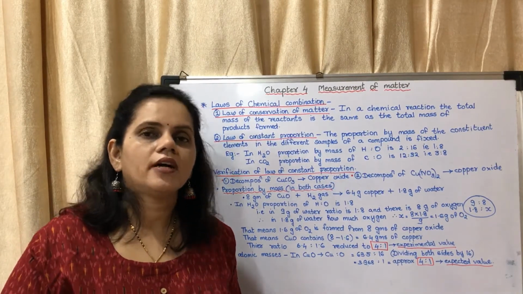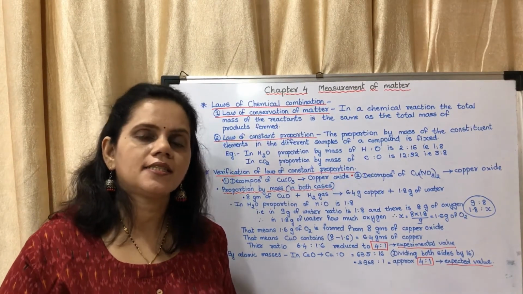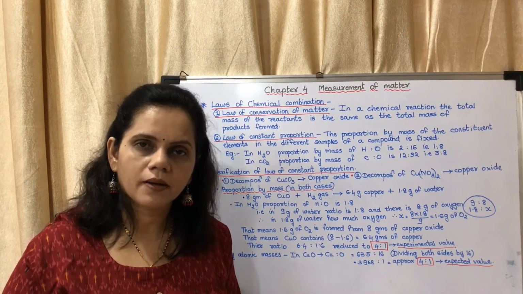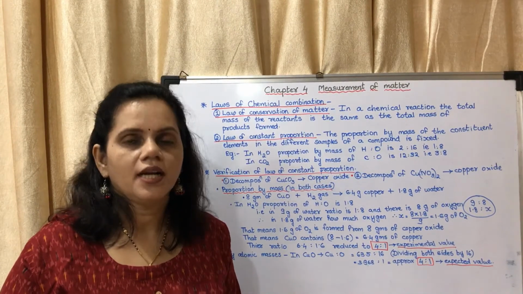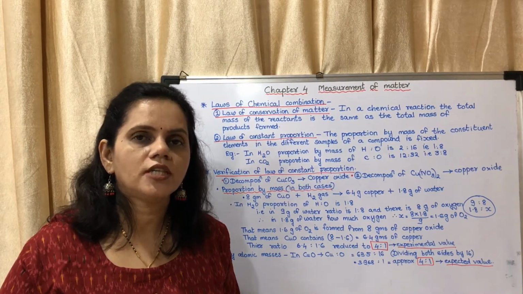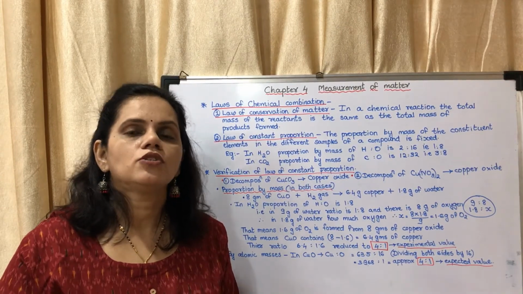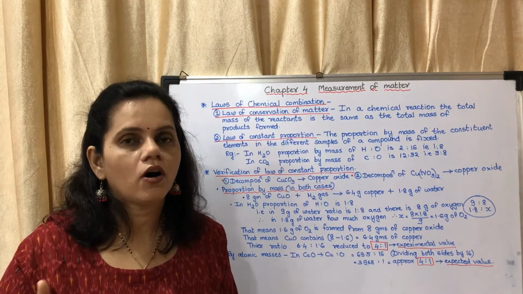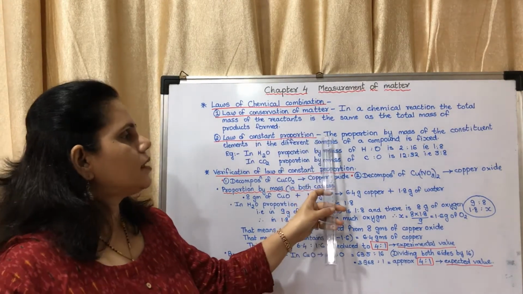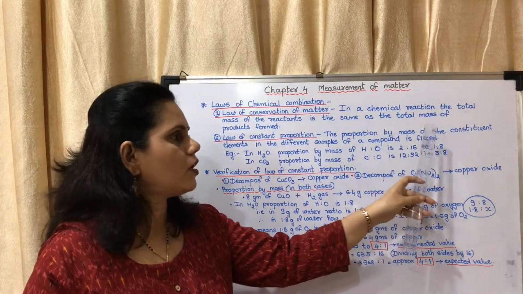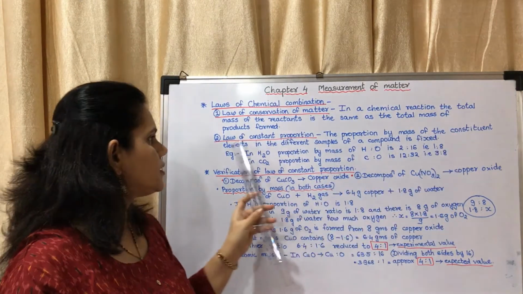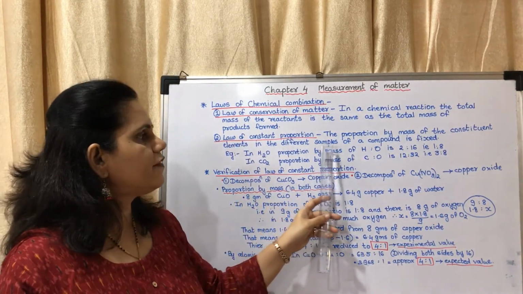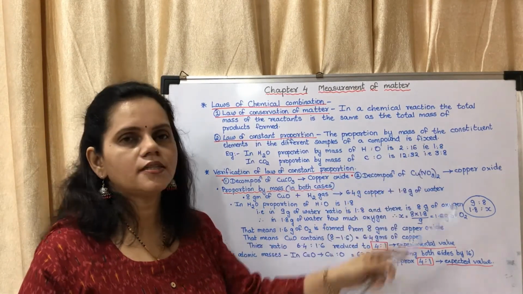Not only for carbon dioxide and water, this is applicable to all the types of compounds which are formed. This is law of constant proportion. So for a compound the proportion remains the same always. The proportion by mass of constituent elements in the different samples of a compound is fixed.